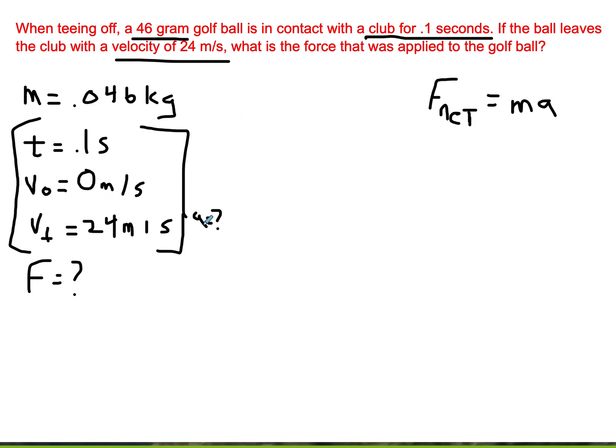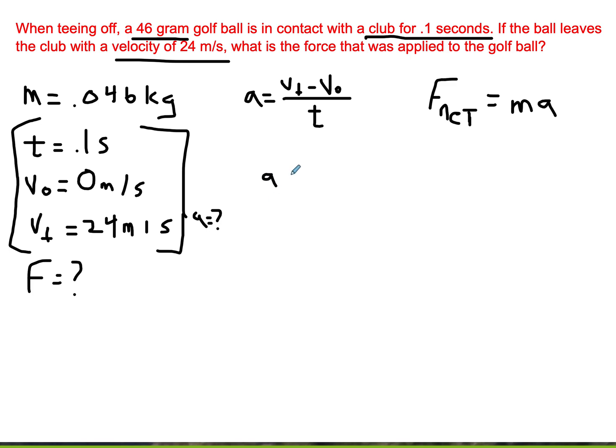So I look at my equation sheet, I look over my list, and I see I have a, vf, vo, and t. And if you look at your sheet, there's an equation that says acceleration equals final velocity minus original velocity divided by the time.